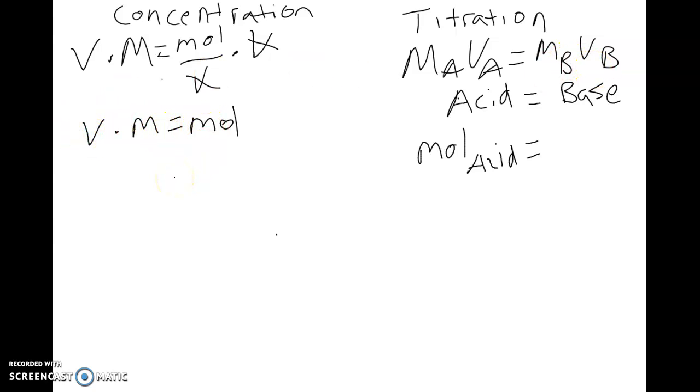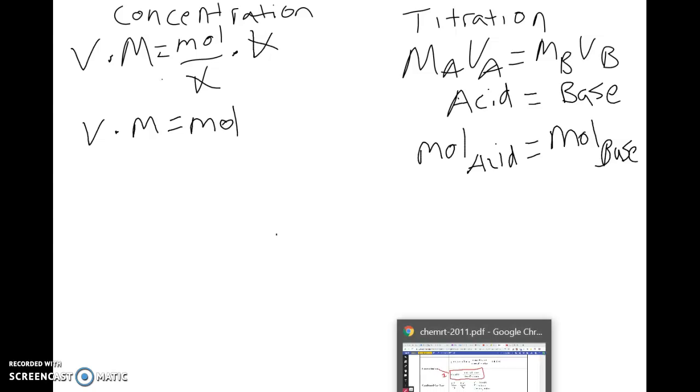So your moles of acid equals moles of base when you are titrating and you're at your equivalence point, where you have the same amount of acid, your H plus protons, as your base, your OH minus ions. So this is just telling you when you've reached your equivalence point, you'll have the same amount of acid as you have base, so it's neutralized.